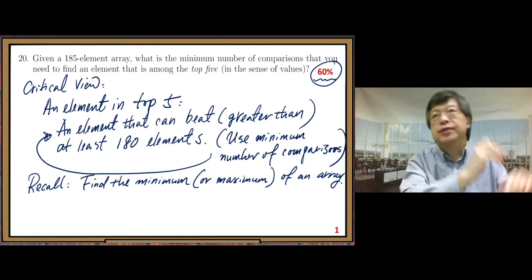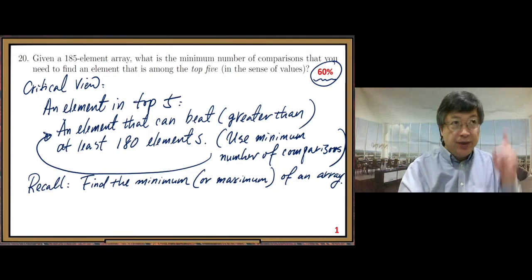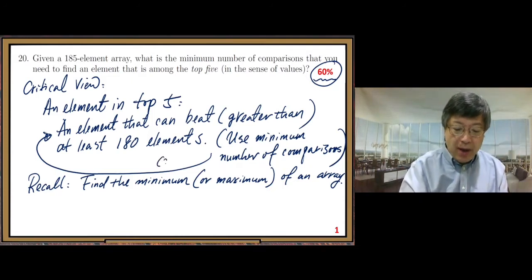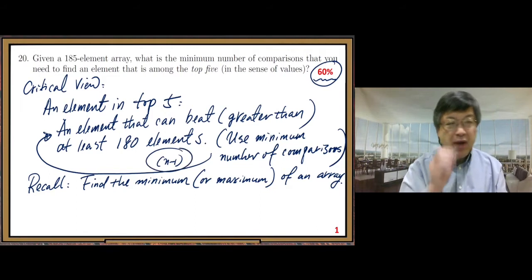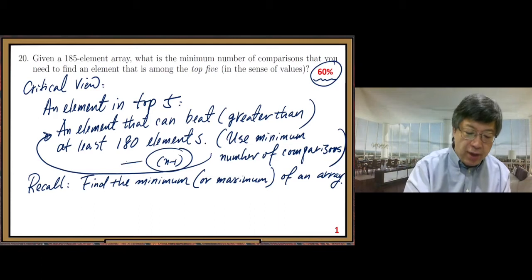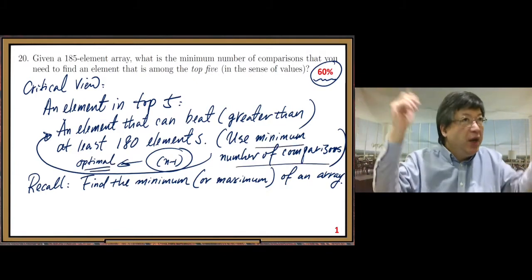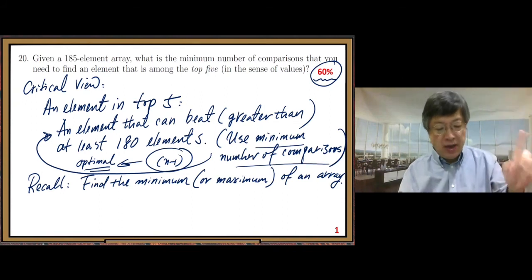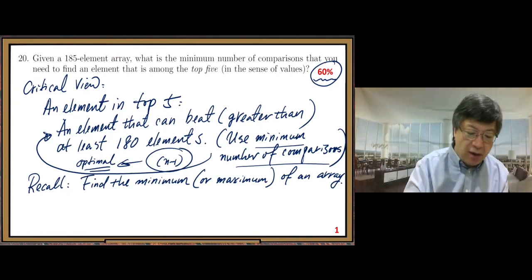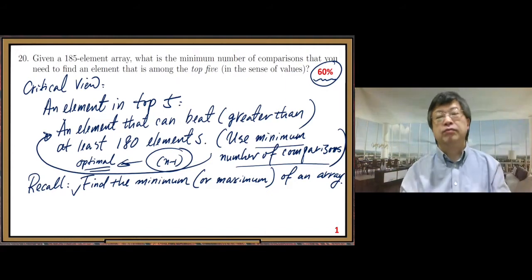Do you still remember we use n-1 comparisons to find the minimum or maximum? And we show our algorithm is optimal. Optimal means we use the minimum number of comparisons. That's what we need. Let's apply the result of this solution to solve our current problem.